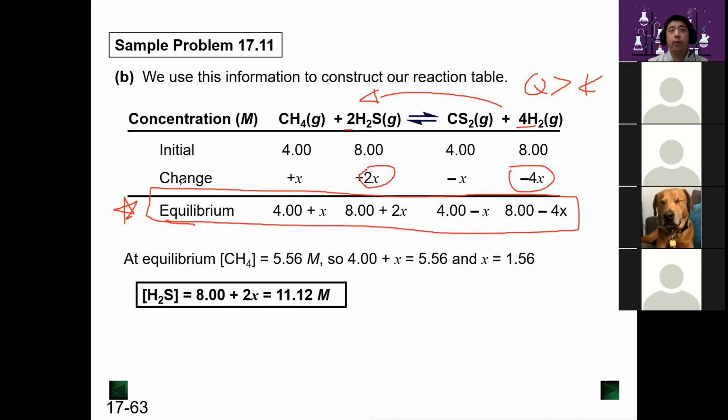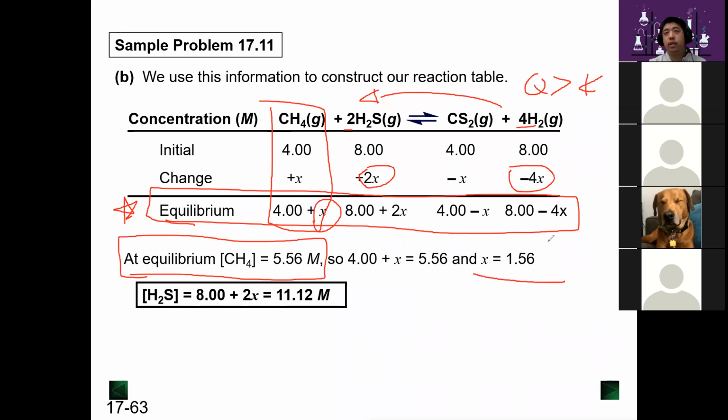Okay, now that we are here, I don't need to use any quadratics. I don't need to do any of that other stuff because they give you a big hint. At equilibrium, this concentration right here is equal to 5.56. So if this is equal to 5.56, we are just finding the difference of x. And since 4 plus x is equal to 5.56, x is equal to 1.56.